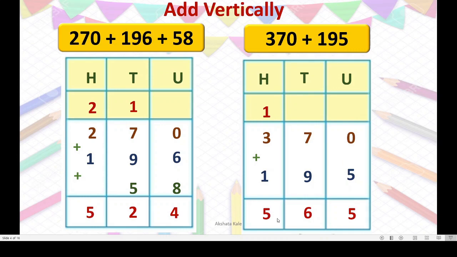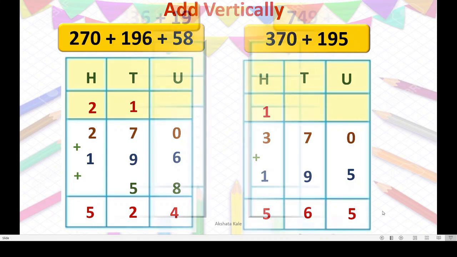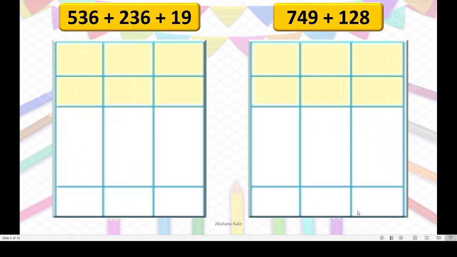So the answer is 565. Right? Yes, this is for you. You have to solve this. Make the column like this, write the place values and write these numbers in vertical position, one below the other. Okay, and solve the sums.